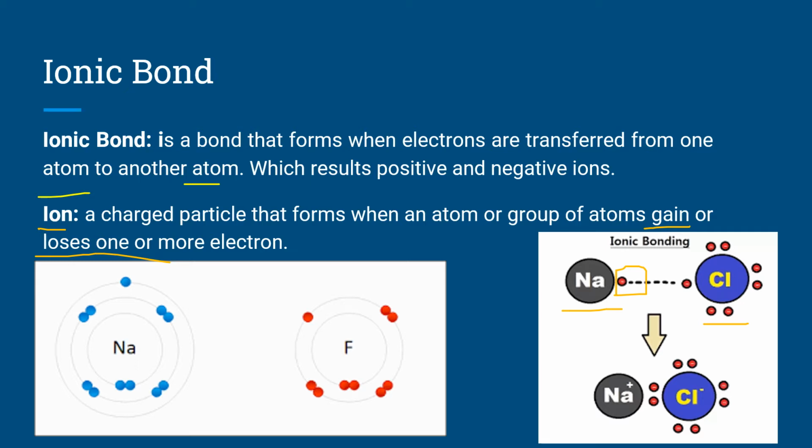Okay, everyone, look at this example. We can understand this one better. Here, sodium in the first level, we said it can hold two electrons. There are two electrons. Okay, good. In the second level, we said it can hold 8: 1, 2, 3, 4, 5, 6, 7, and 8.